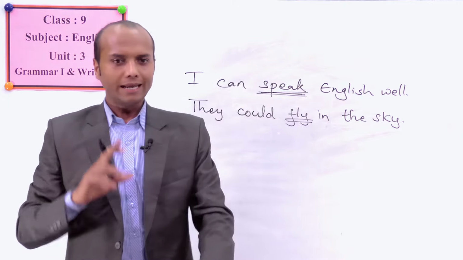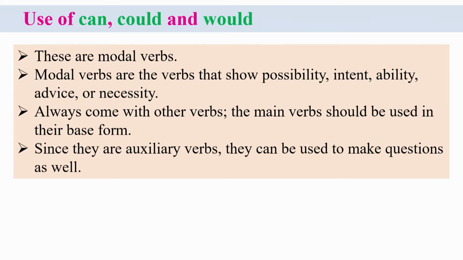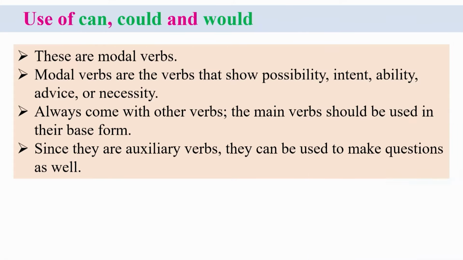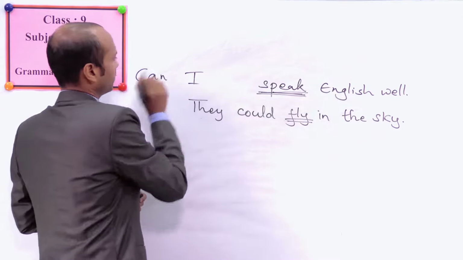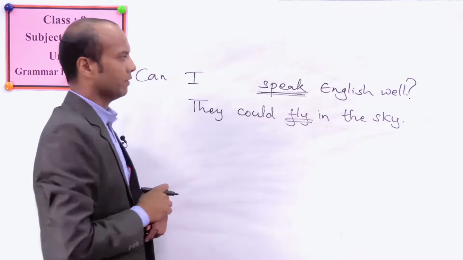And the next thing, dear students, you have to remember is they are auxiliary verbs and they can be used in making yes/no questions as well or other types of questions. For example, if you just place can at the beginning, it becomes a question. Got it? But you have to remember to give a question mark there.